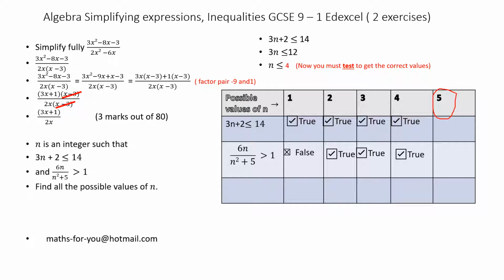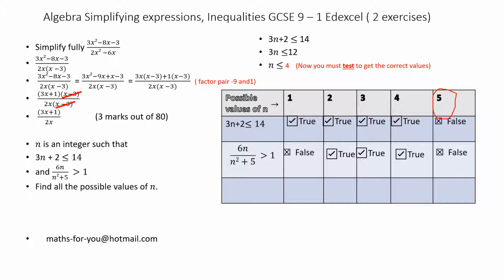Now what about 5? 5 times 3 is 15, 15 plus 2 is 17, and 17 is greater than 14, so that's not okay. 5 times 6 is 30, 5 squared is 25, 25 plus 5 is 30, divide 30 by 30, you get 1, which is not greater than 1, so that's not true either.